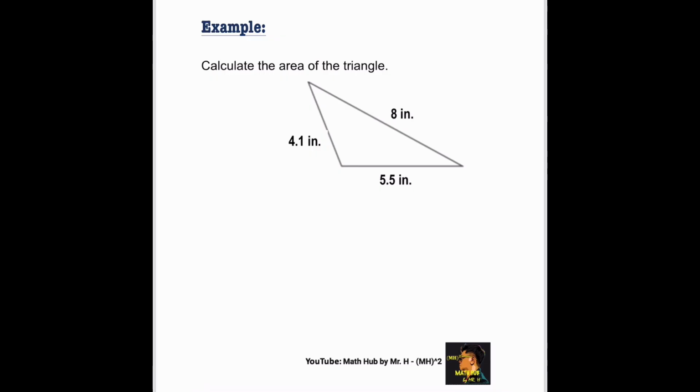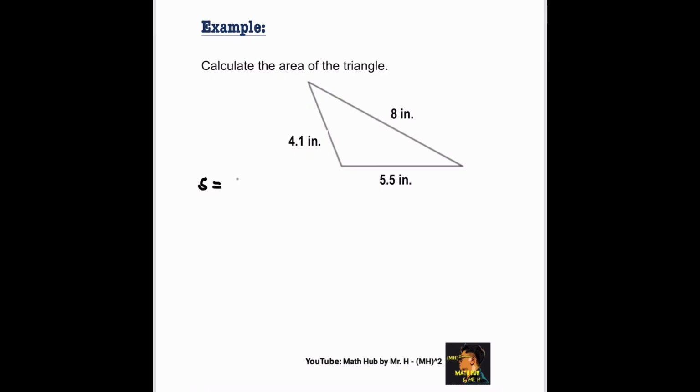To calculate the area of this triangle, we need to calculate first the semi-perimeter. The semi-perimeter is calculated by adding the three sides divided by 2.